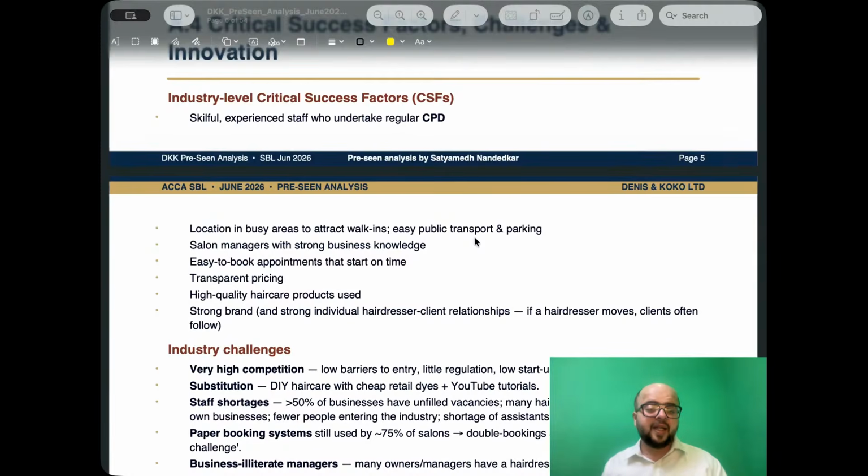Then high quality hair care products used. I think I read somewhere ammonia free, and something else free, some complex words I saw. But good quality hair care products, organic, and you can command a higher price from the customers. And strong brand and strong individual hairdresser client relationship.